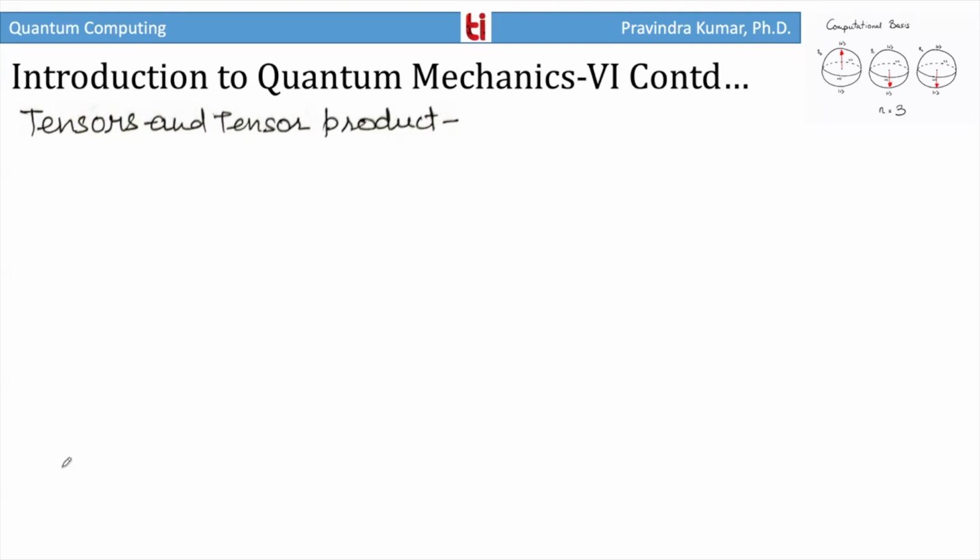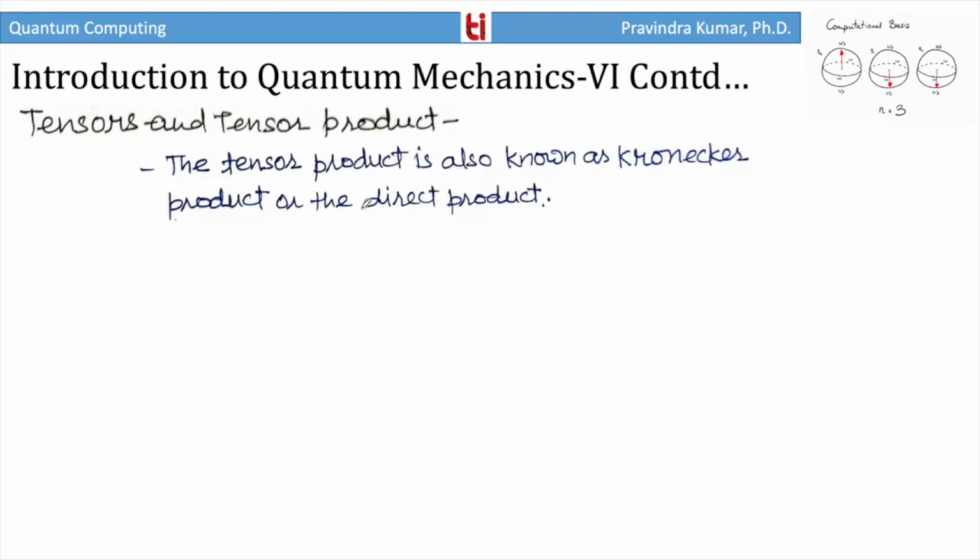So the tensor is a multi-dimensional array of complex numbers that can represent quantum states, operators, or measurements when systems are combined. The tensor product is also known as the Kronecker product or the direct product.